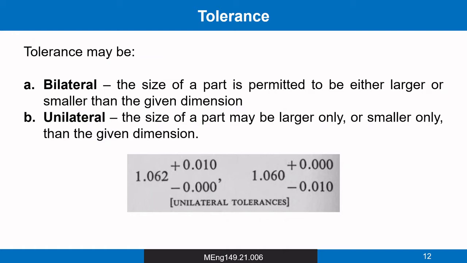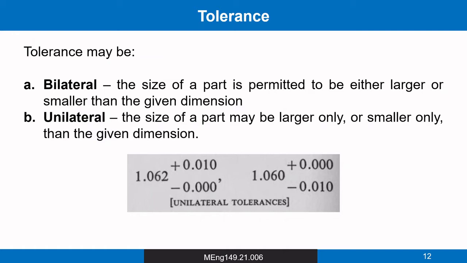In the first one on the left, if you are given a nominal diameter of 1.062 and it is permitted to be larger only, you put plus 0.01, and below it negative 0.00. In the bilateral expression we put plus minus, so either of the two. But in unilateral tolerance, if it is permitted to be larger only, the expression is plus 0.01.